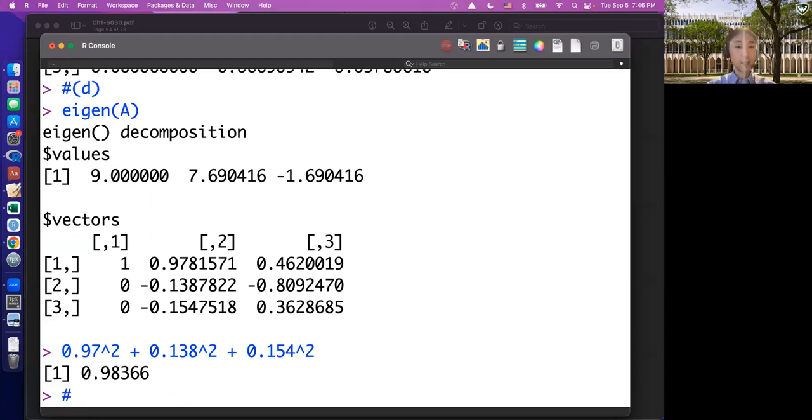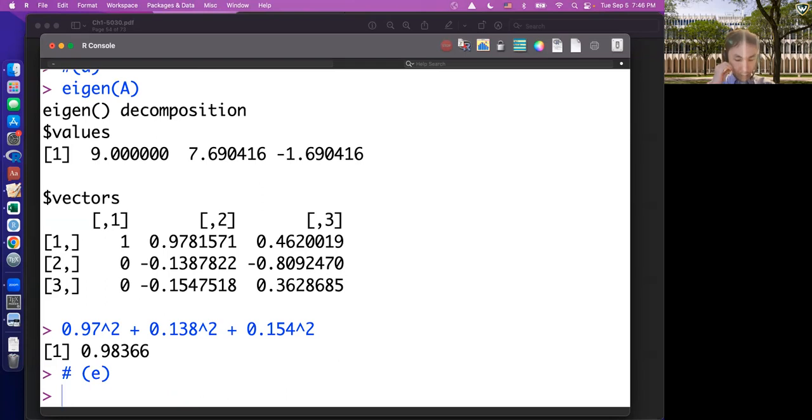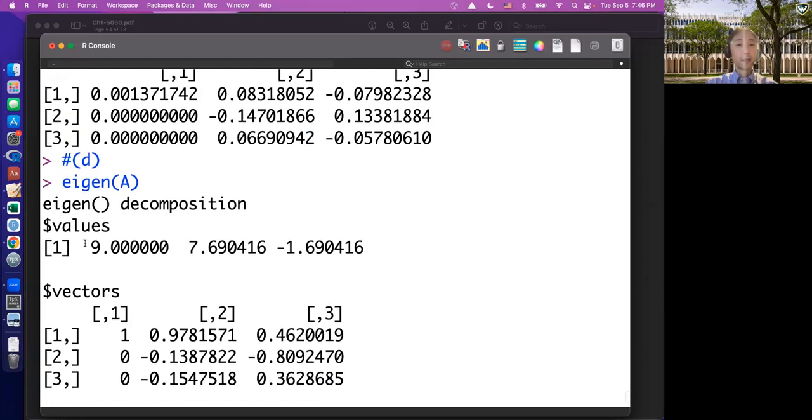So question E. Suppose that x is a unit vector and determine x which maximizes the absolute value of A to the 5th power times x. Remember that the eigenvector with the largest eigenvalue becomes larger in size fastest. So that means this eigenvector, 1, 0, 0, becomes larger and larger the fastest.